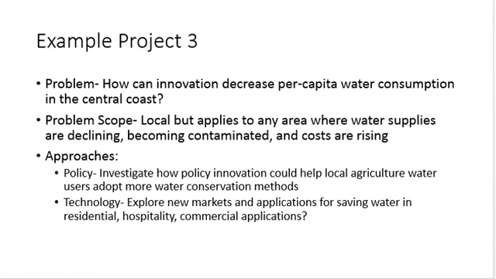So there might be a couple approaches to this one. Policy approach, my specialty, which is investigating how some innovations in policy could help local ag water users implement more water conservation methods. And perhaps a technology approach also, explore new markets and applications for water saving in the areas that we can control and we do measure, which is residential, commercial, and industrial users.